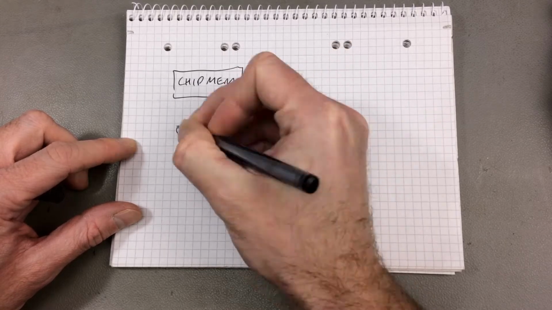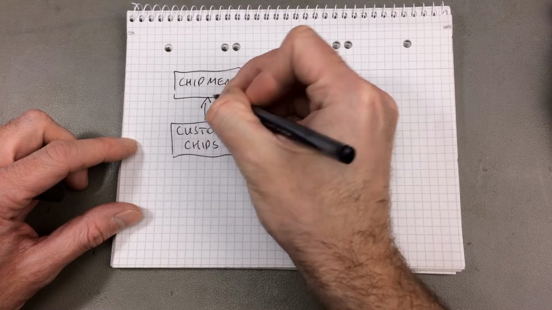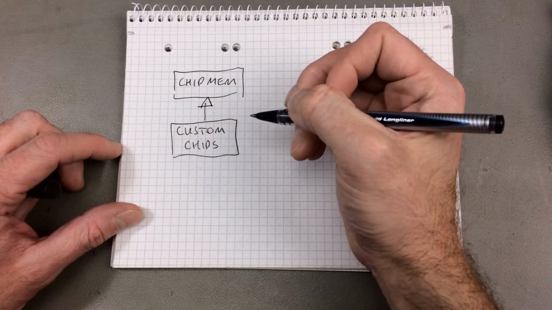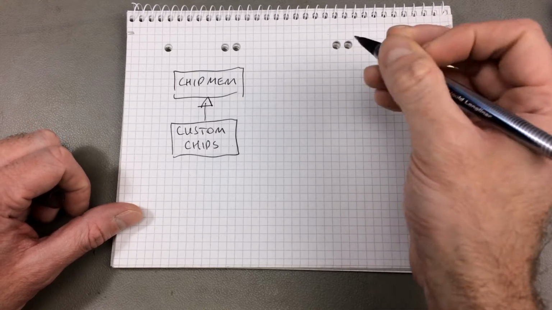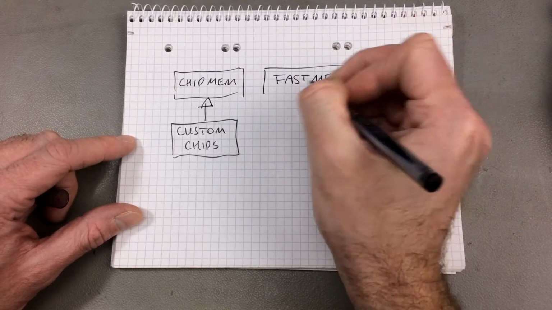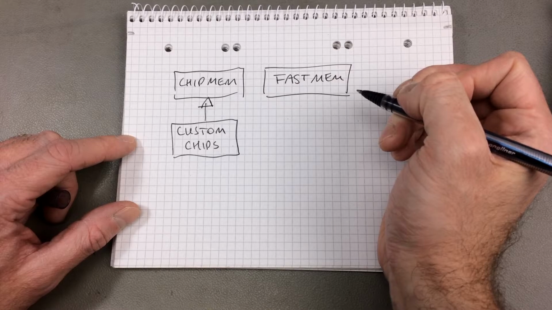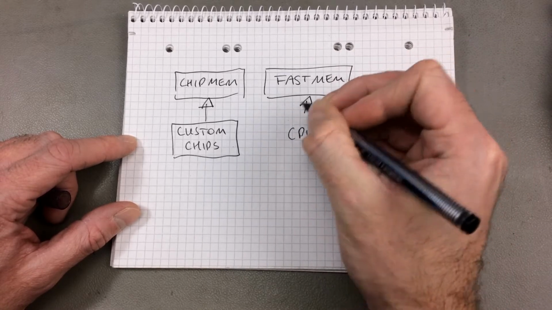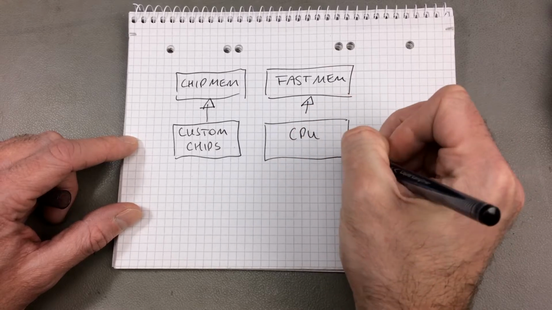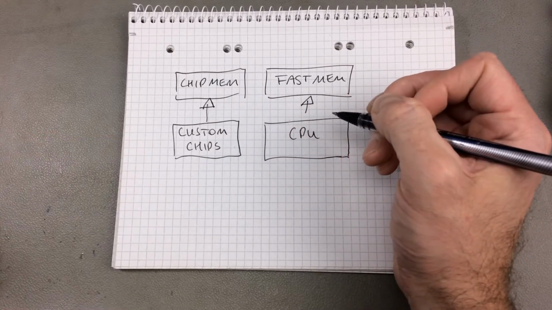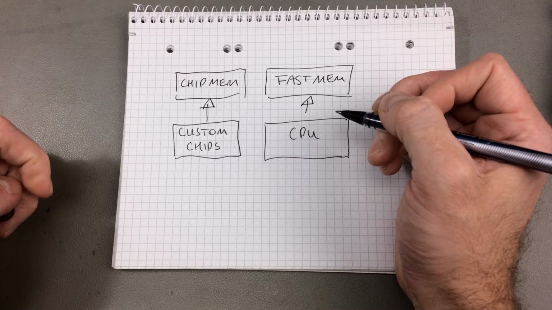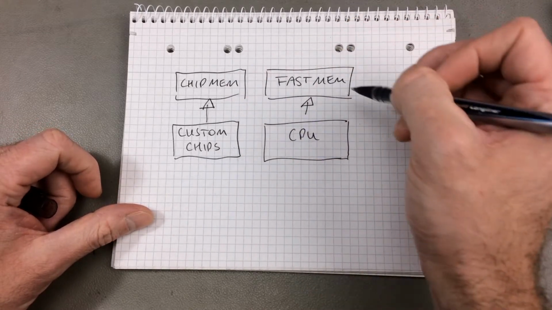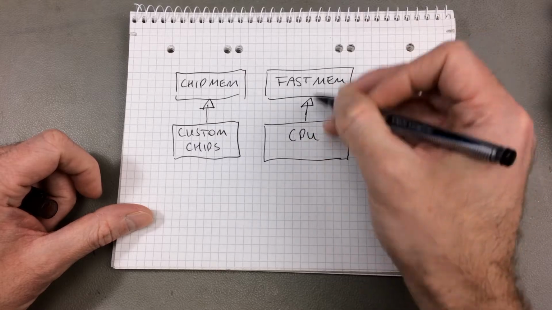This is the only memory the custom chips can access. Fast memory, on the other hand, is directly accessible by the CPU, and exclusively by the CPU. The custom chips cannot lock the CPU out of using the fast mem.